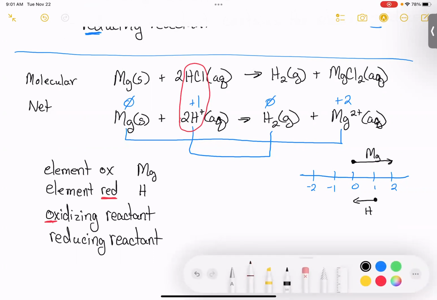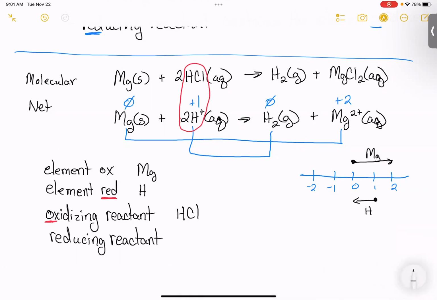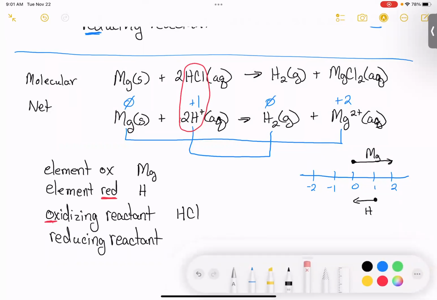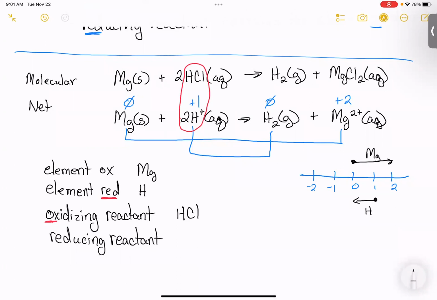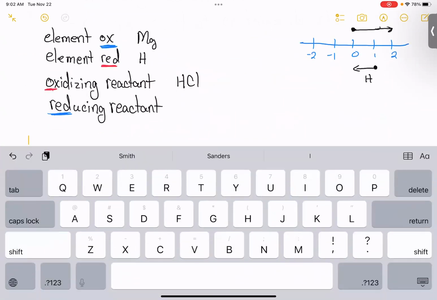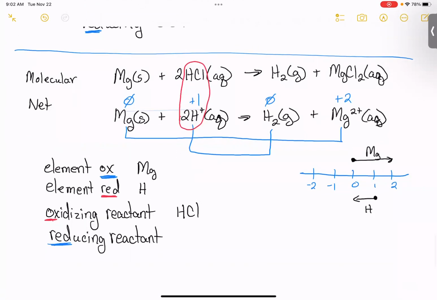So your oxidizing reactant was the HCl. Again, I emphasized that the reducing reactant has to contain the element oxidized.